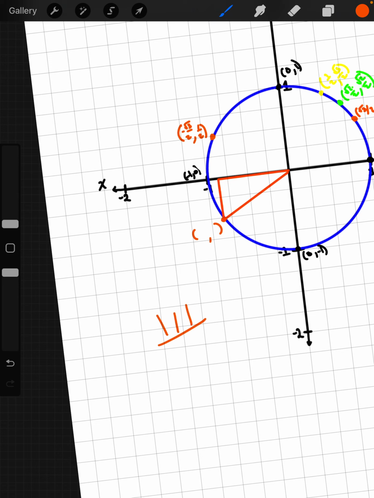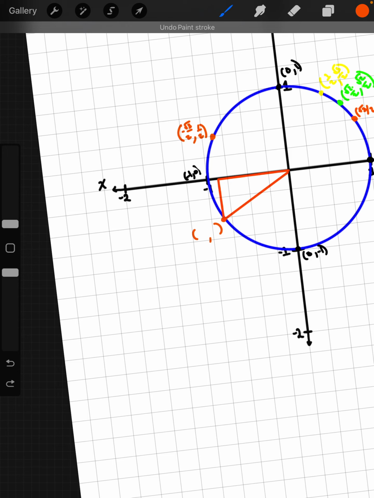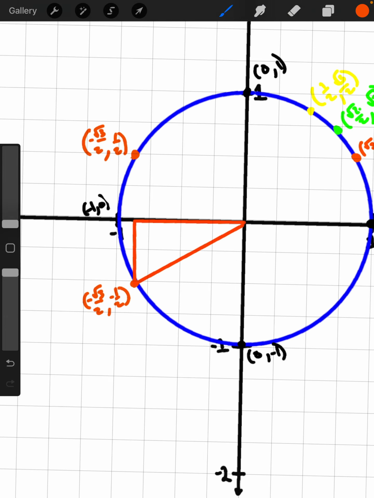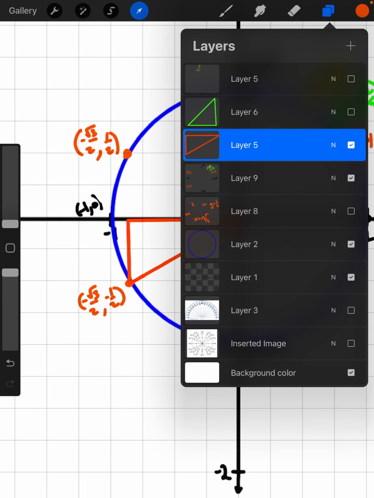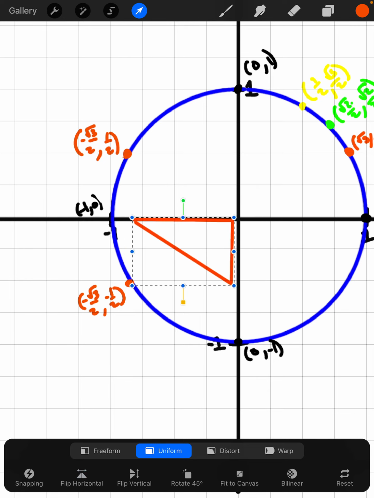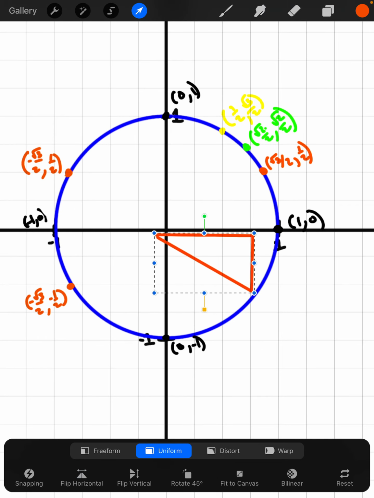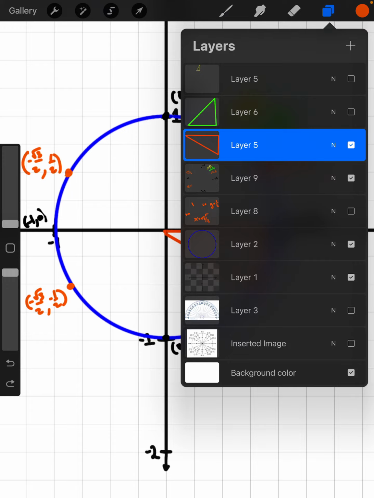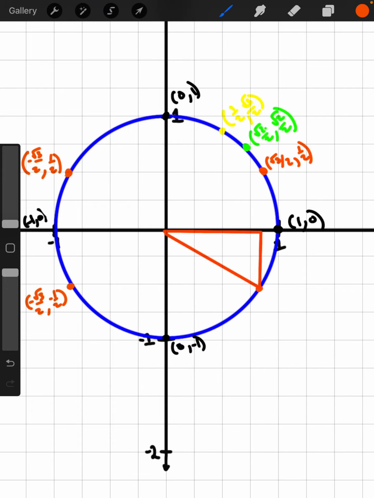Now I am in quadrant 3, and in quadrant 3, x is negative and y is negative. So both my values are going to be negative, but I'm still repeating the same numbers. So now it's negative square root 3 over 2, negative 1/2. And then I'm going to go back to my triangle, and I'm going to rotate it again. Shift it over into the 4th quadrant, plot my point on the circumference of my circle.